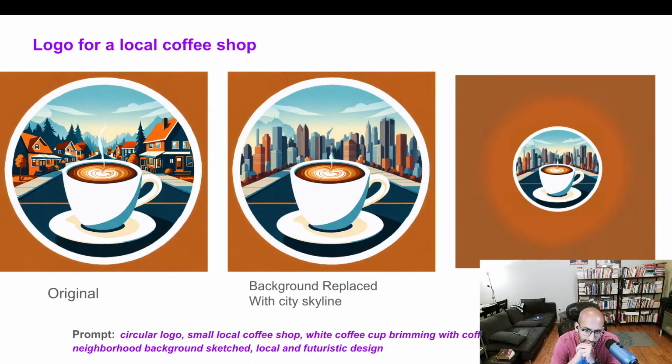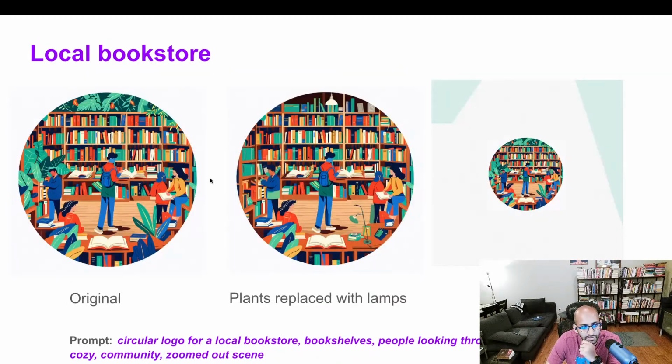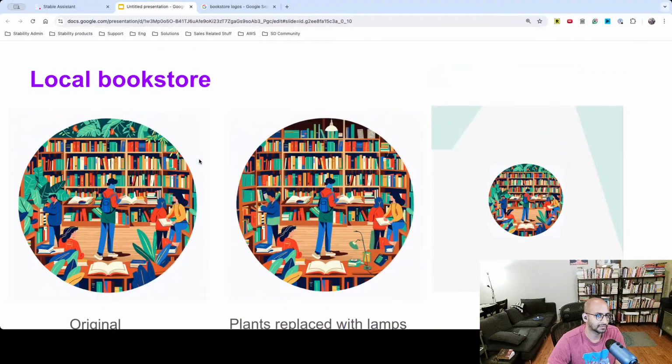The middle one, we removed the background with a city skyline. And then on the right, we just zoomed it out. Similarly, this is a local bookstore. Original image is right here. Then we replaced the plants in the background with lamps. Then we zoomed it out. So that's what we did.